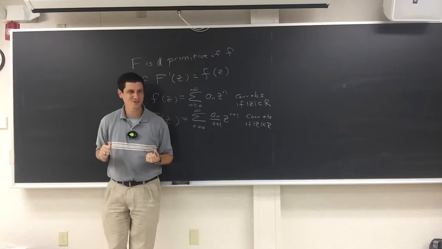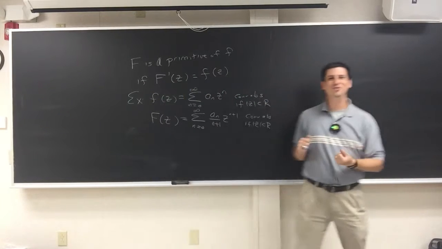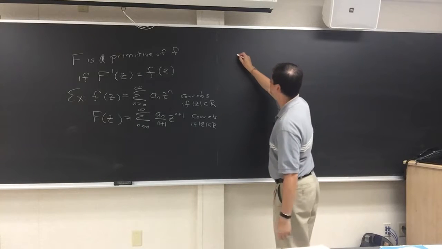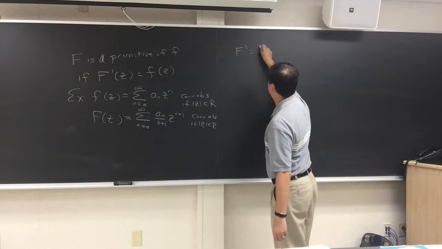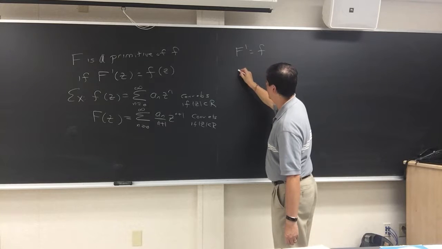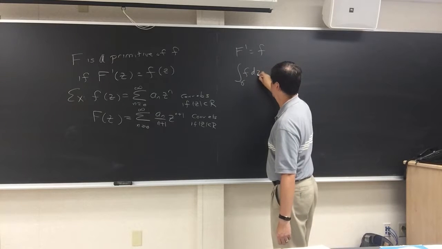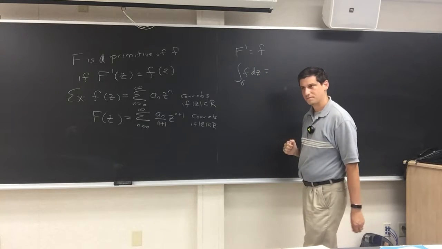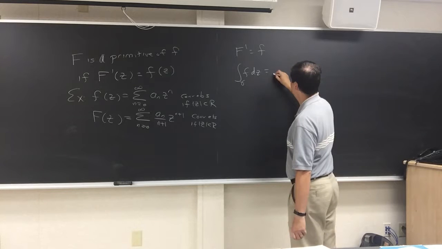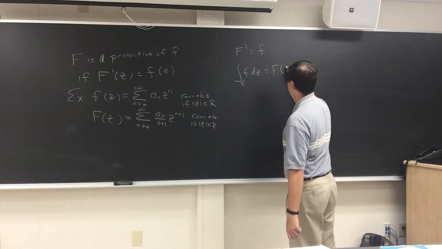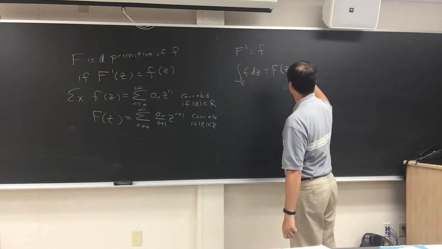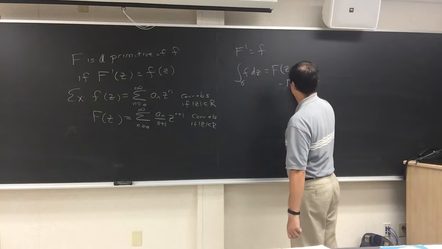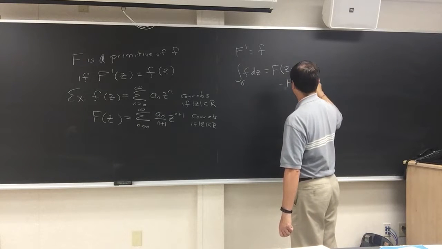I'm not going to go through the details of the calculation, but let's say big F prime equals little f. And I want an integral along some curve of f dz. This will be F at z final minus F at z initial.